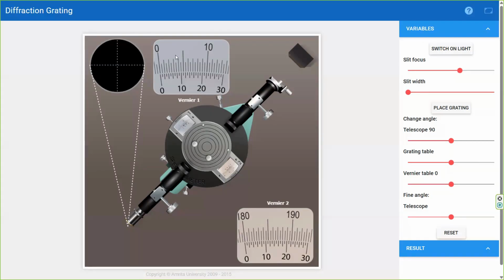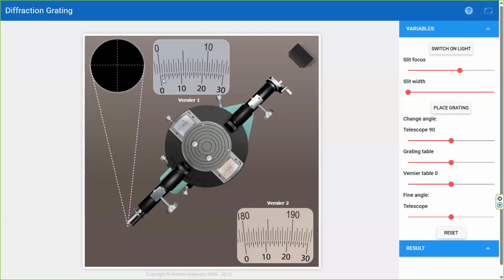And here this main scale is in terms of angles, that is in terms of degree, and vernier scale is having 30 divisions, so that the main scale is divided into number of parts. Here clearly you can observe from 0 to 10 degree there are number of markings, and this 10 degree is divided into 20 parts.